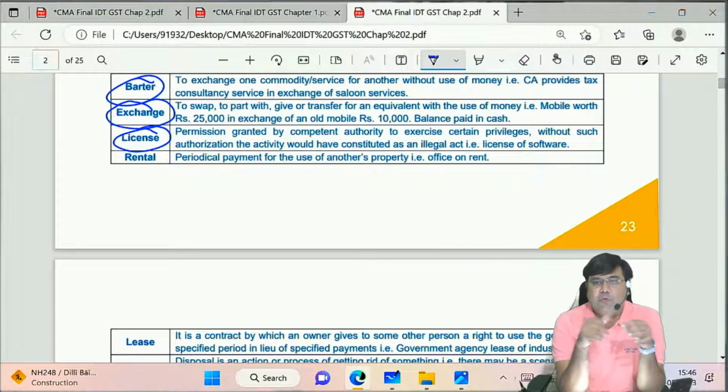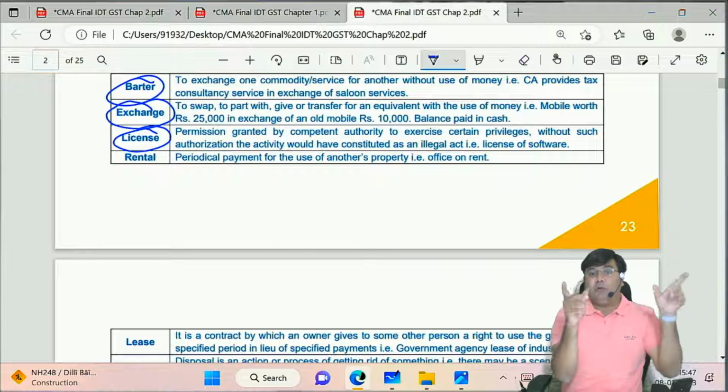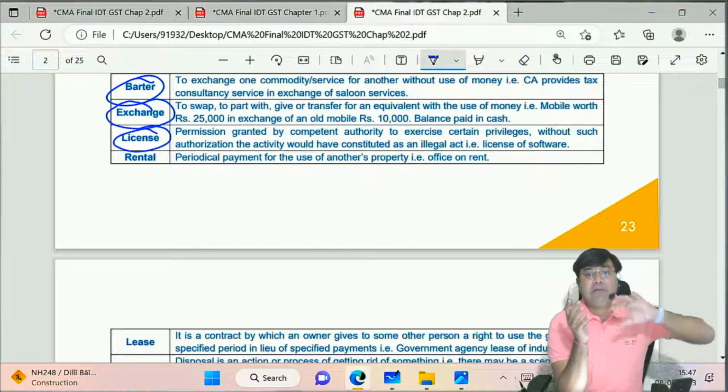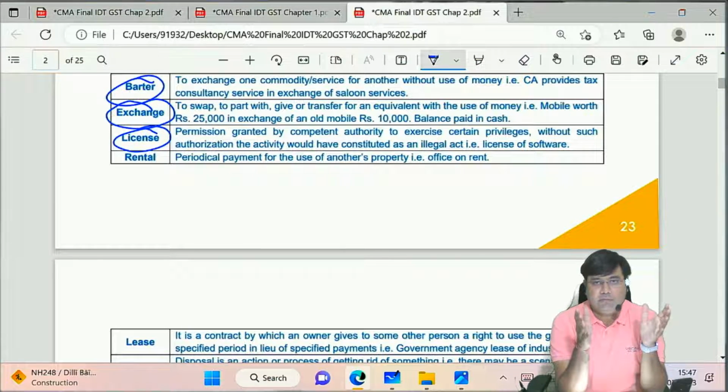Like, we would like to use Microsoft Office, Word, Excel, PowerPoint, etc. So we need to buy the license from Microsoft India Limited. So after buying that license, are we going to become the owner of Microsoft Office? The answer is no. We are not going to become the owner. Like in a sale transaction, we become the owner if we buy something. But in case of license, we are not going to become the owner.